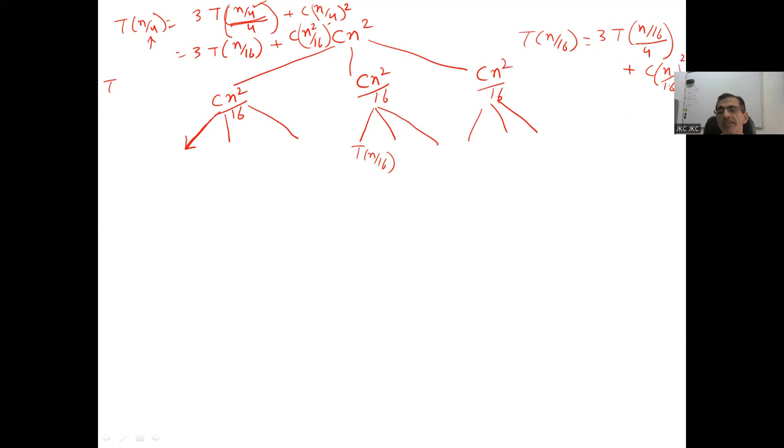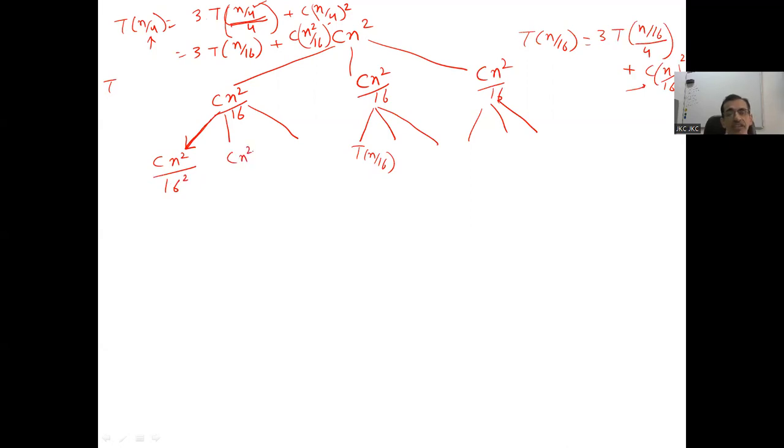Now n is n/16 here. Effectively, this value will become Cn square by 16 square.